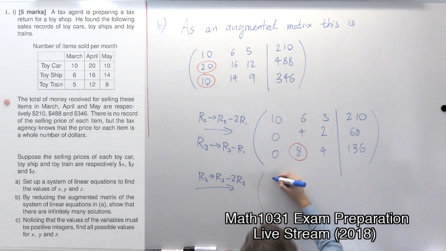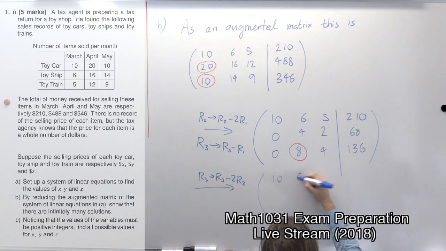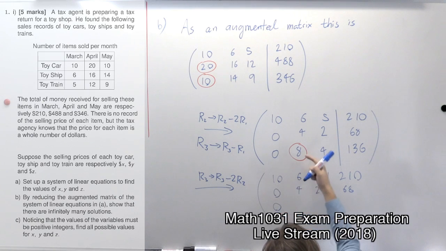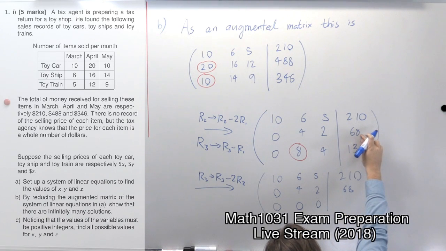So the first equation didn't change: 10, 6, 5 with a 2, 10. Then 0, 4, 2, 68, and 8 minus 8 is 0, 4 minus 4 is 0, and 136, well if I double this I'm going to get 120 and a 16, so that's 136 as well. I get 0, 0, 0.